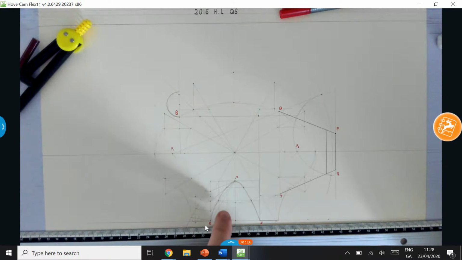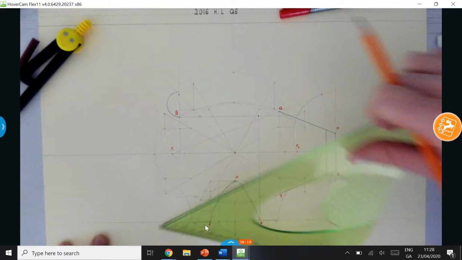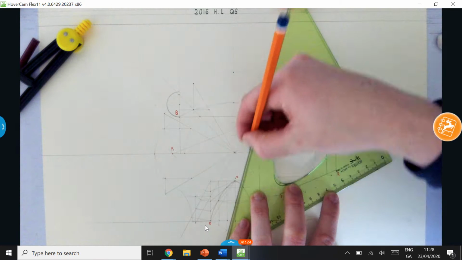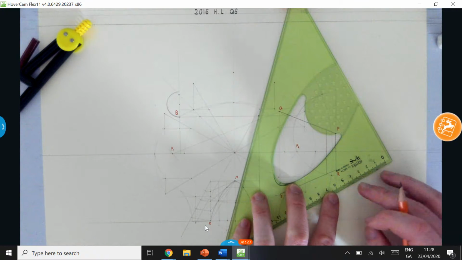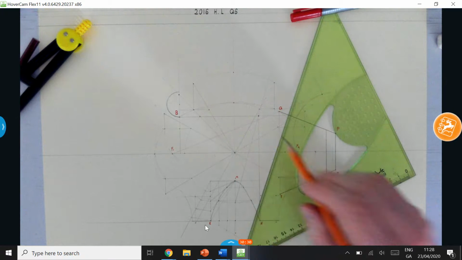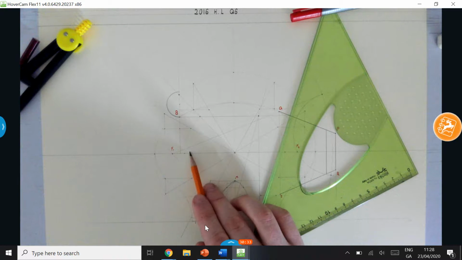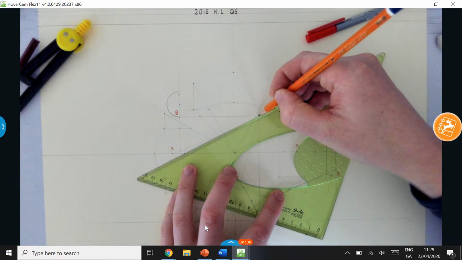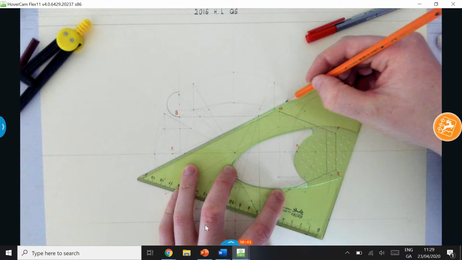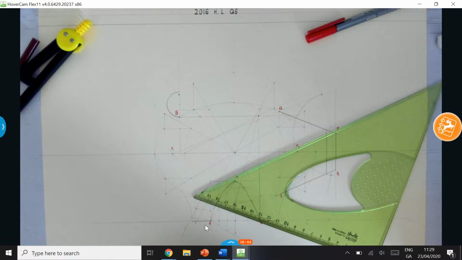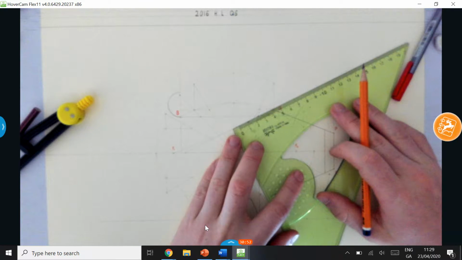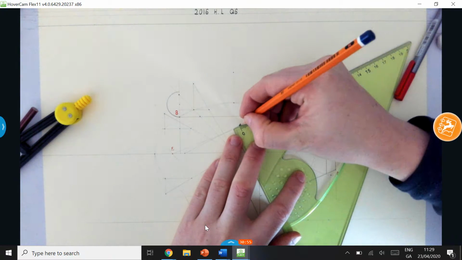Next we're going to have to join E, which is this point here, up to it. And we're going to have to join this point here up to it as well, and its radius 24. So measure out one of them lines 24. It's going to get me this point.